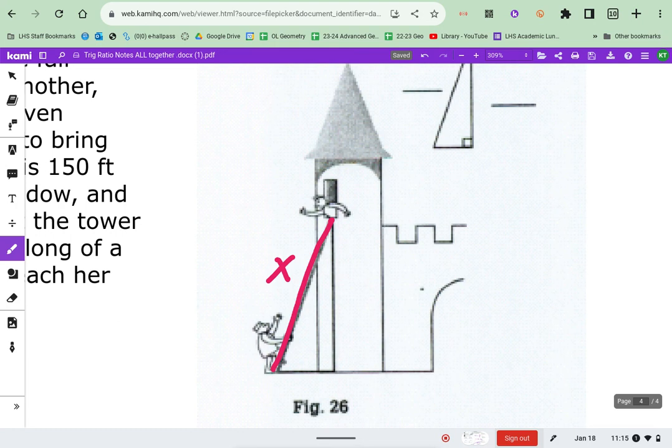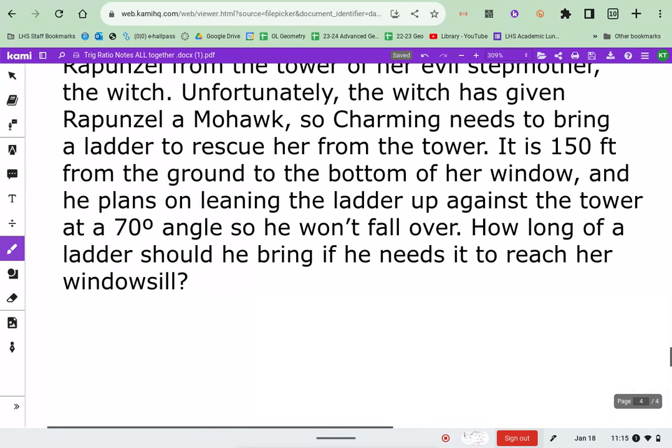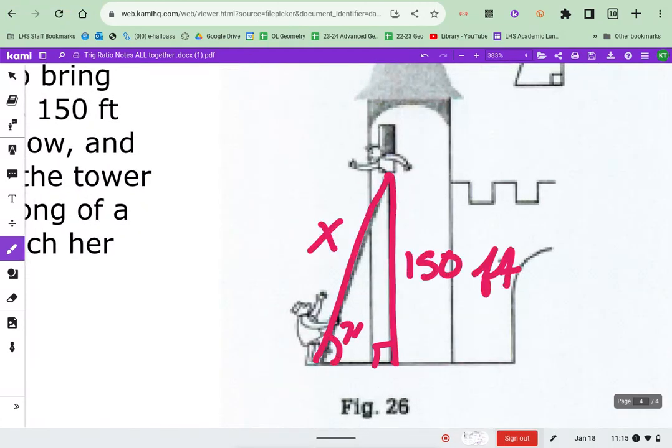The vertical distance up to the window where the person is is 150 feet. And the angle that the ladder makes with the ground is 70 degrees. Okay, I'm going to let you guys try this one too. So work with your group and see if you can figure it out.